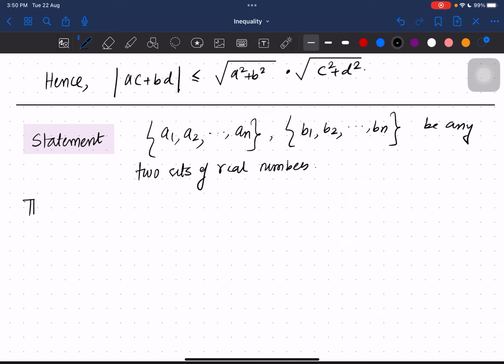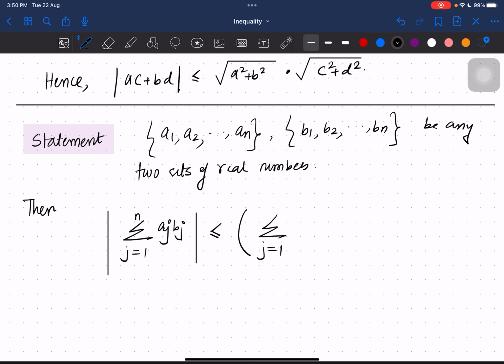Then the modulus of summation j equals 1 to n of aj bj is less than or equal to summation j equals 1 to n of aj square whole power half times summation j equals 1 to n of bj square whole power half.